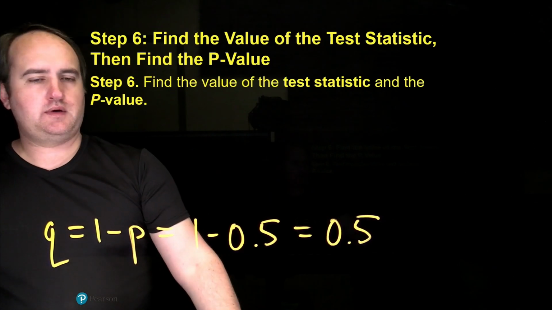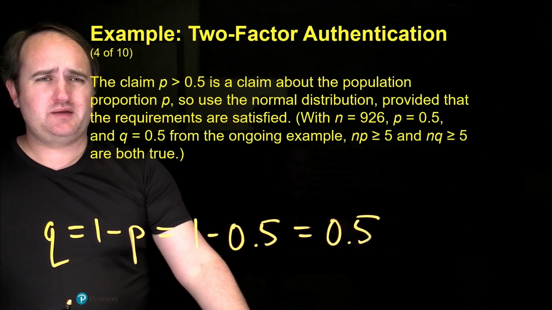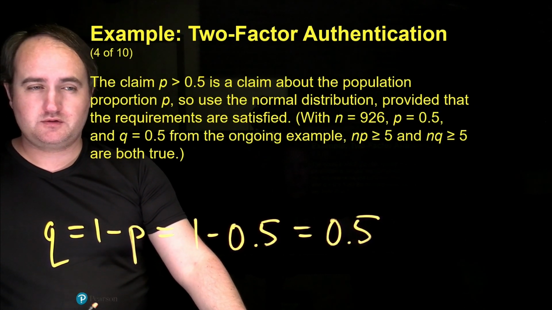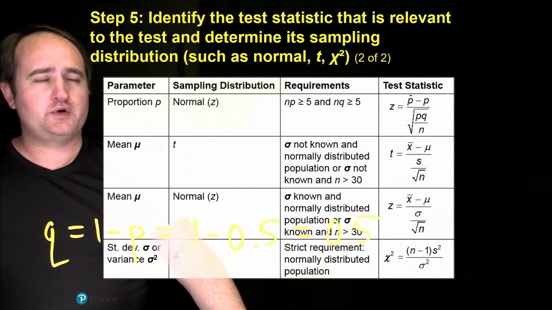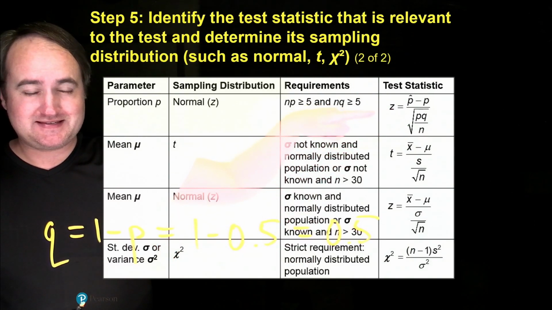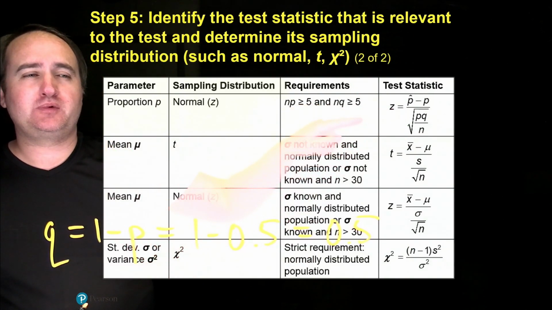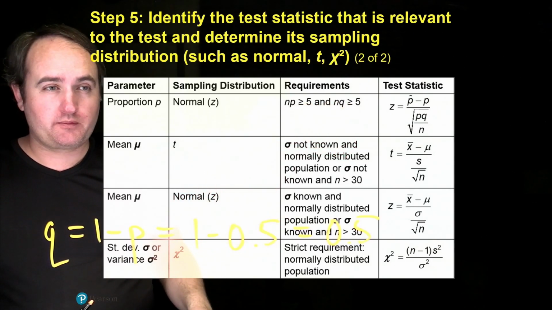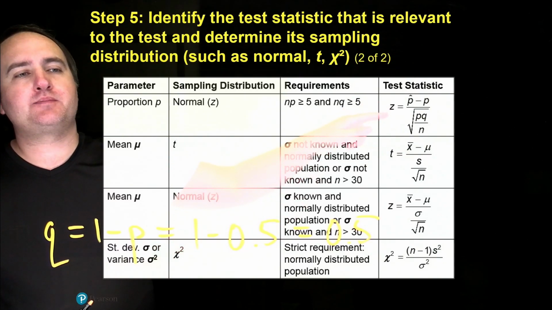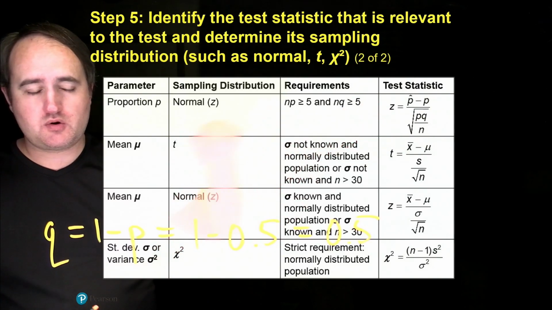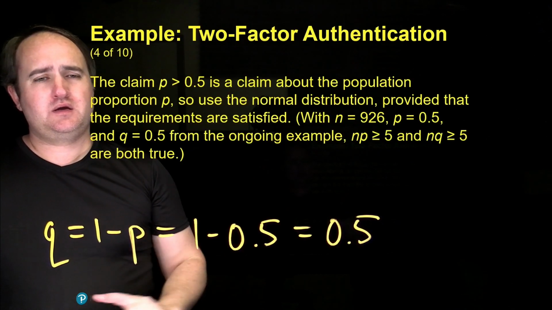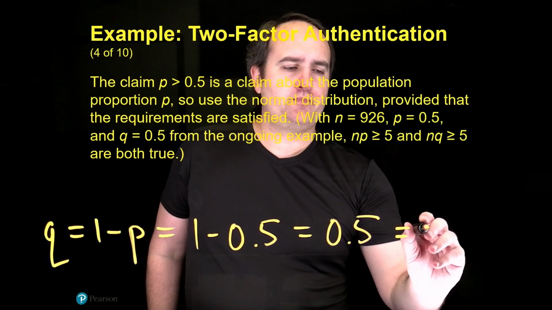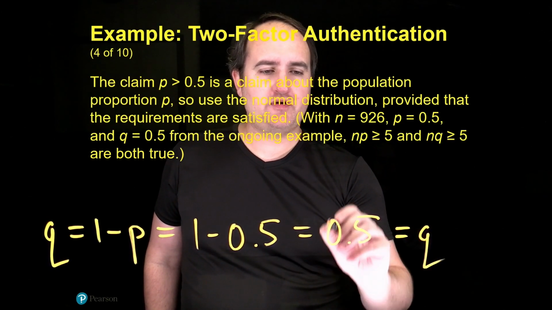Okay, so because the requirements are satisfied, let's go ahead and move on to the next thing, which is doing this test statistic. This is a formula you have to use, but it's not too bad. We've seen a lot of formulas like this before. So z equals p hat minus p over the square root of pq over n. Here we already said q was 0.5 and p was also 0.5.